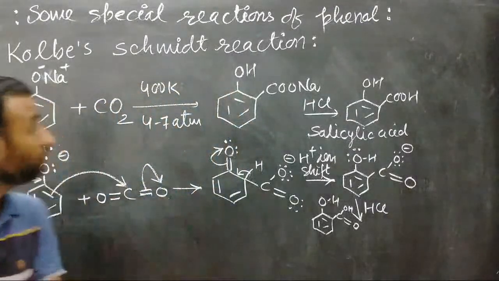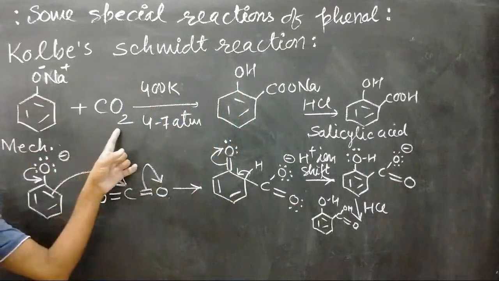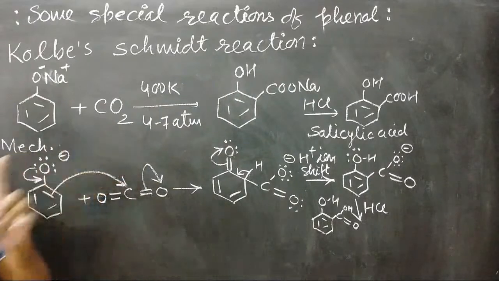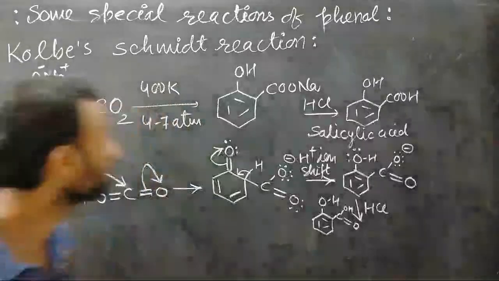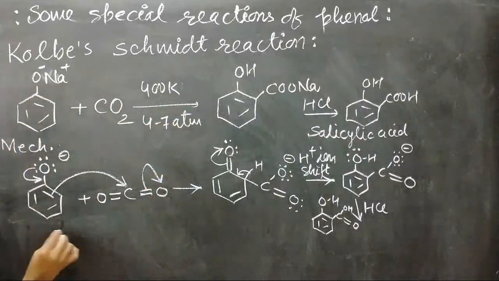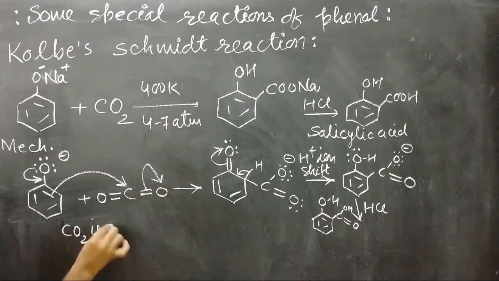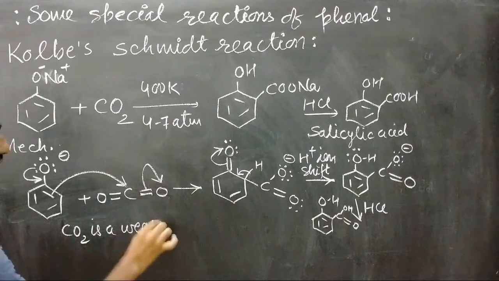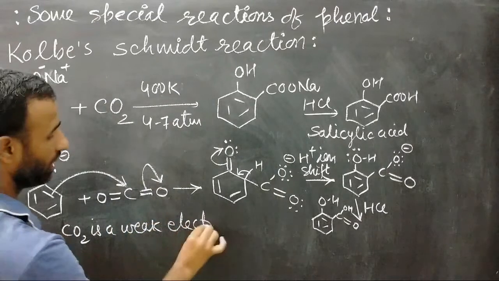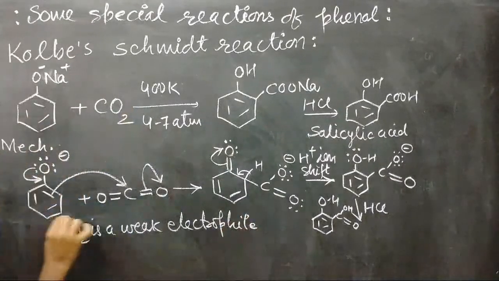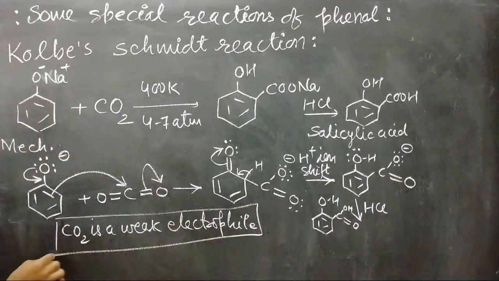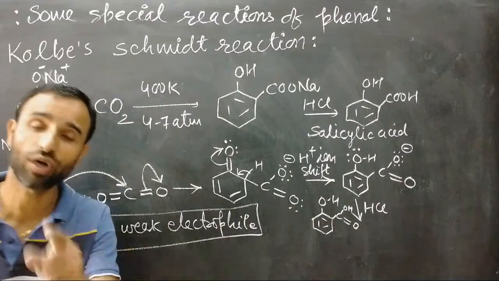Now keep in mind, phenol will not react with CO2. Phenol will not react with CO2 because CO2 is a weak electrophile, and that's why this weak electrophile will not attack phenol.